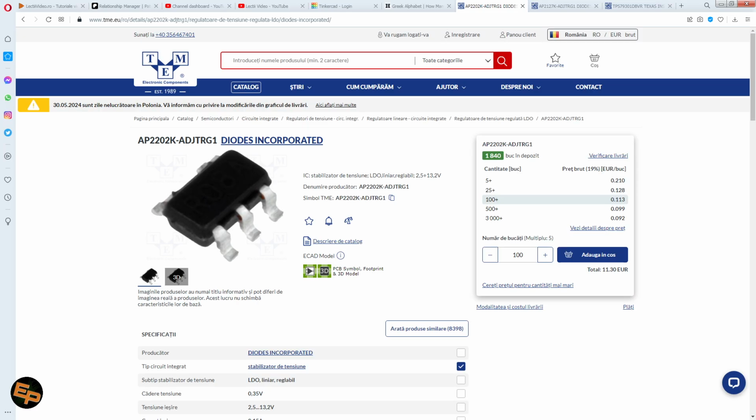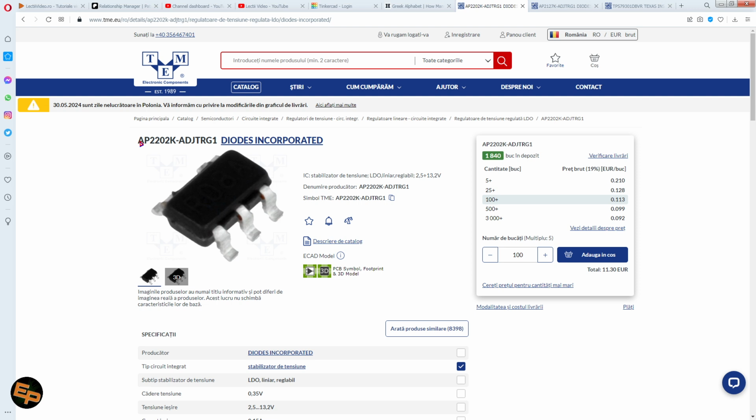I have chosen 3 low dropout regulators from the market to see how well they perform. I have chosen the 3 cheapest low dropout regulators that I could find here in my country.